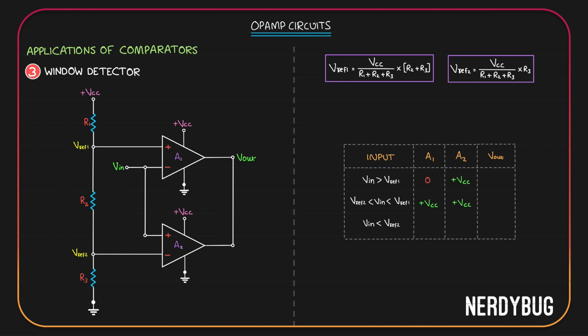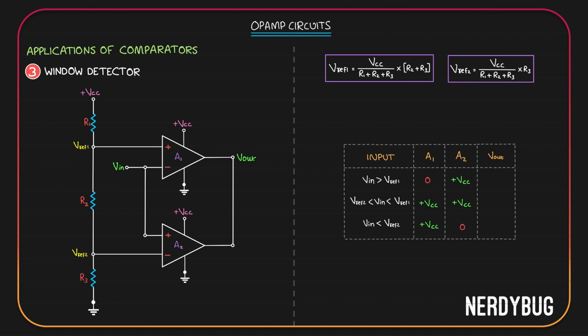Now in the third case, input is less than the second reference voltage, which means input is obviously less than the first reference voltage. So for the first comparator, which is inverting, input is less than the reference voltage, so output will be plus VCC. For the second one, which is non-inverting, input is less than the reference voltage, so output will be 0.